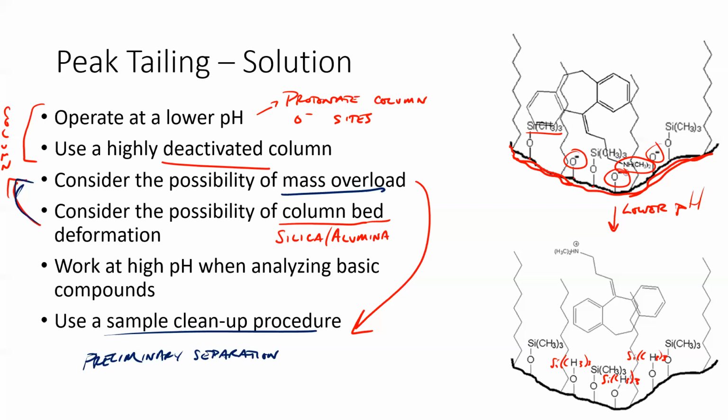And so that could be an option where you have lots of things that have similar polarities that might be coming off the column close together. And they're so similar that even changing our solvents isn't good enough. You could do a preliminary separation to help those things clear up.